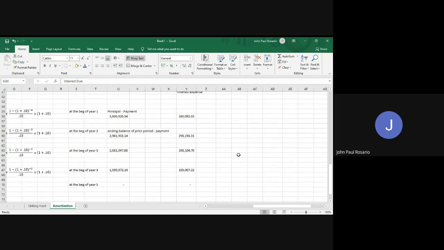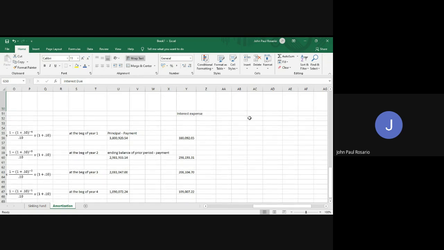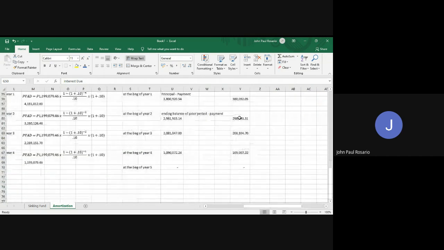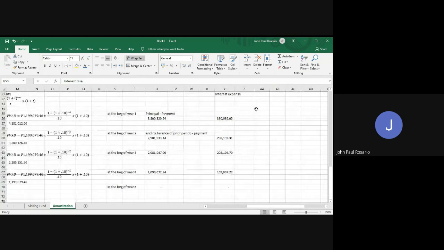From there, the expense for the portion of the principal paid, or the portion of payments going to principal or interest, the process is still the same. So let's say here, portion of principal paid.